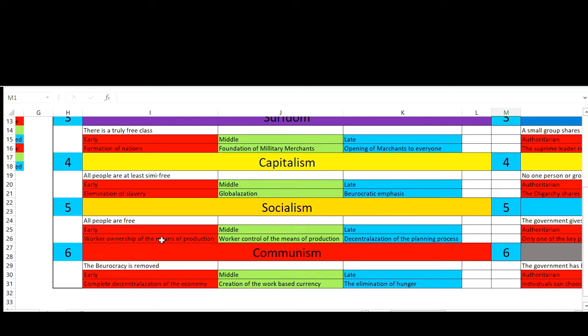Now, why does that remove semi-slavery? Well, basically that removes semi-slavery because now there is no longer economic chaos through the bureaucratic influence, globalization, all that stuff. Under capitalism, there is economic chaos.